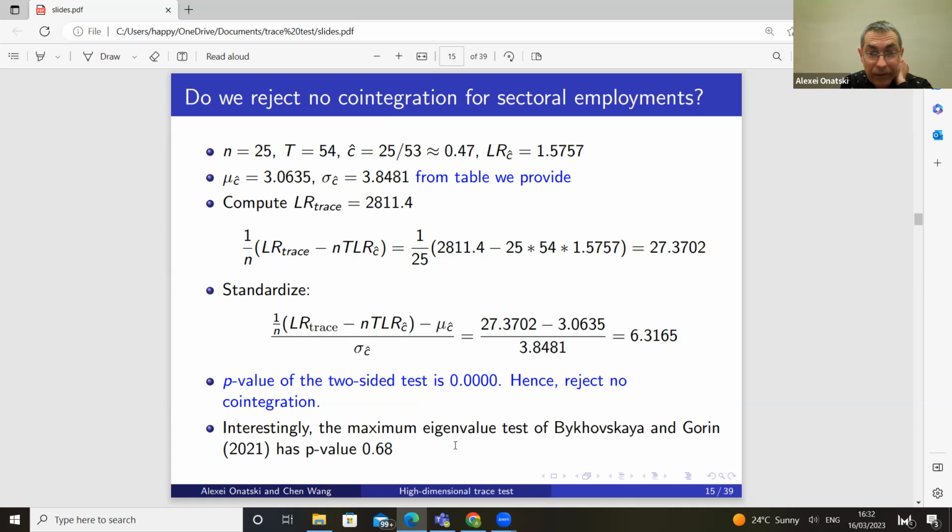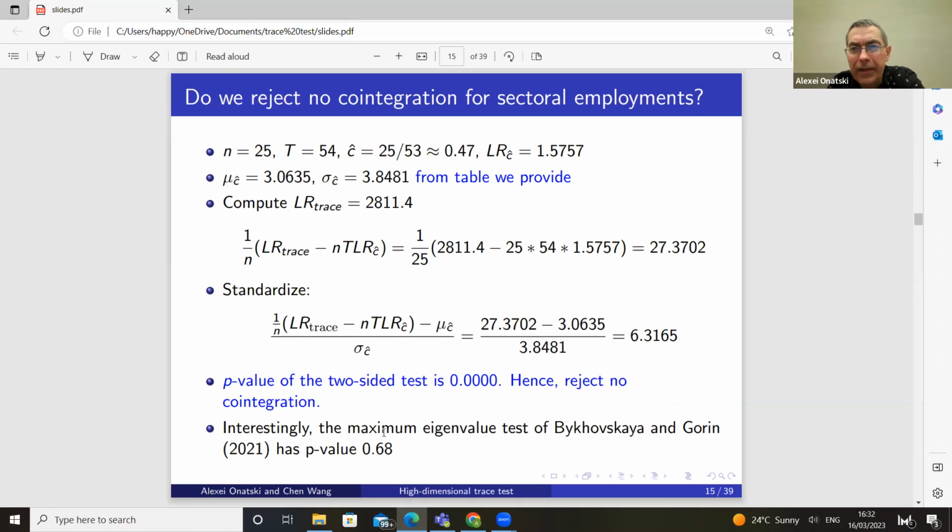Now, interestingly, the maximum eigenvalue test, which Anna proposed with Vadim, has a p-value of 0.68 here. I should confess that I tried a couple of data sets before this, because their test works extremely well. This data was the first that I found where their test doesn't have power, and I will later show you why.